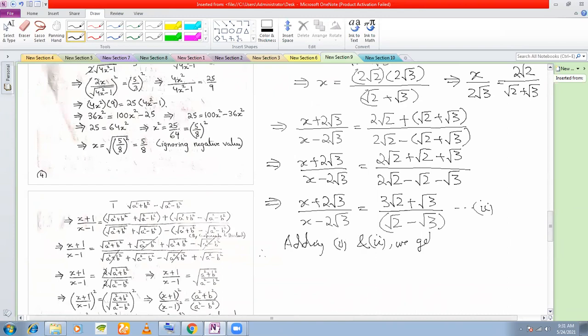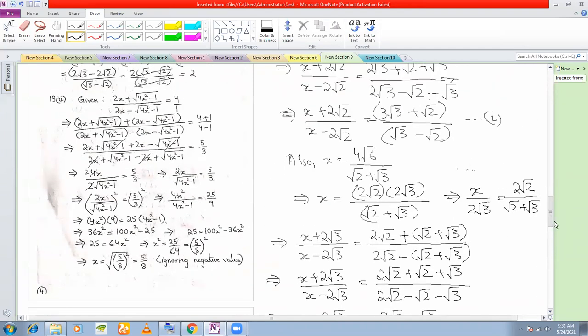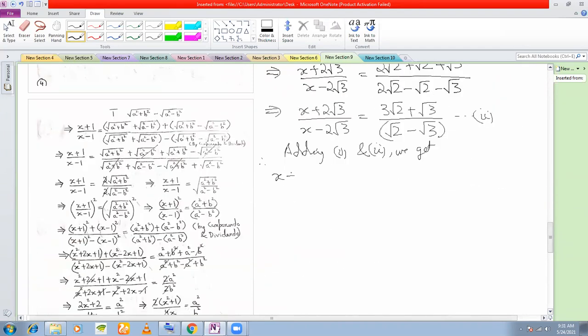Adding 1 and 2, we get on the left hand side x plus 2 root 2 divided by x minus 2 root 2, and plus x plus 2 root 3 divided by x minus 2 root 3.